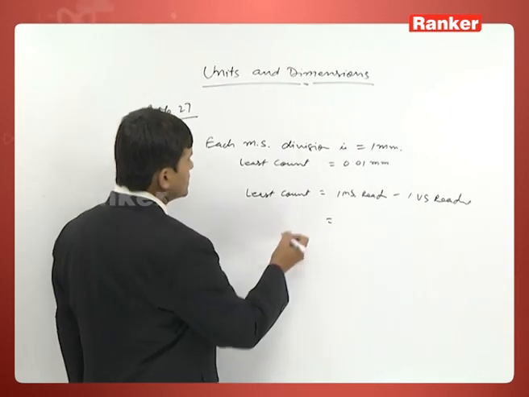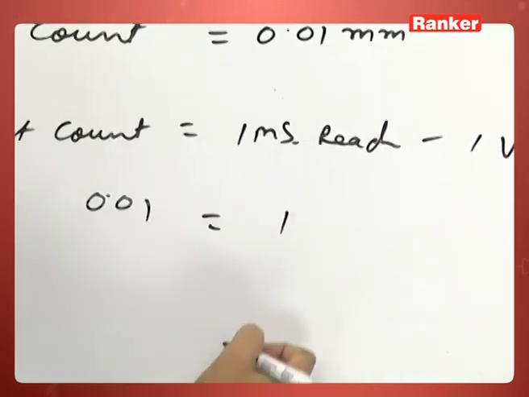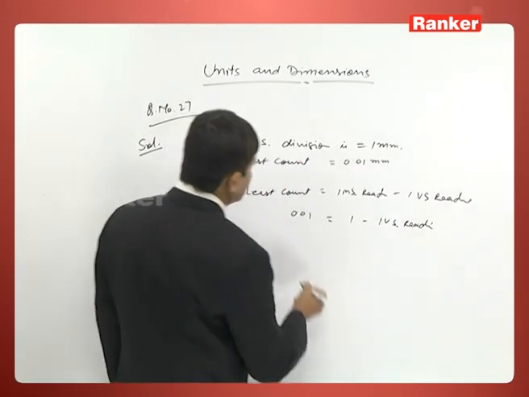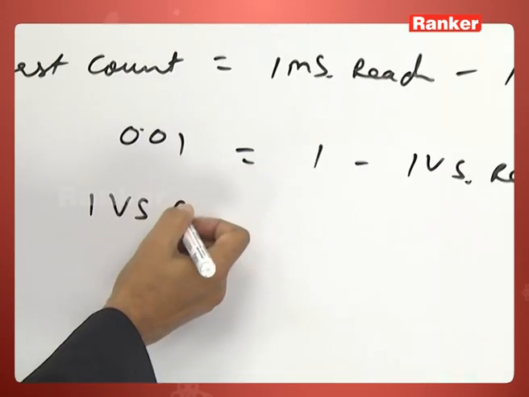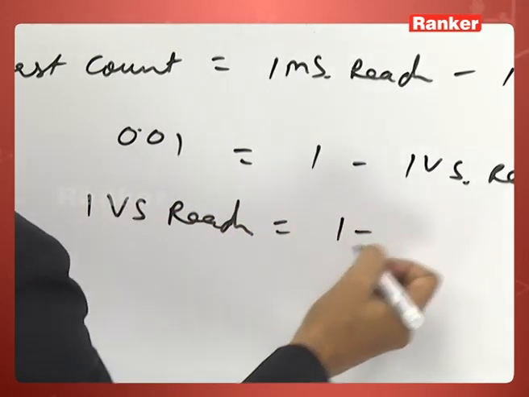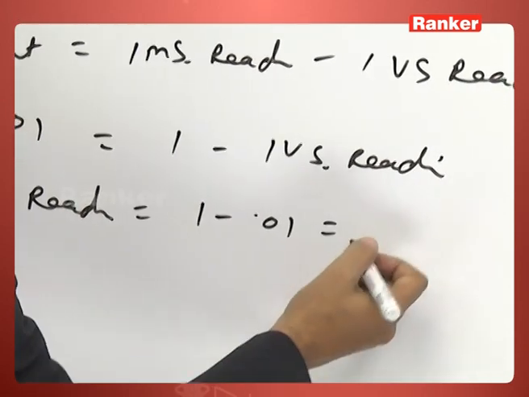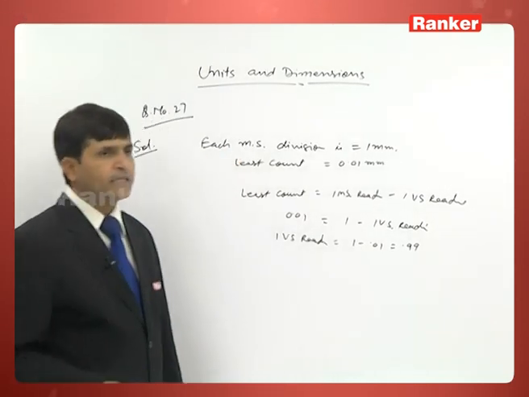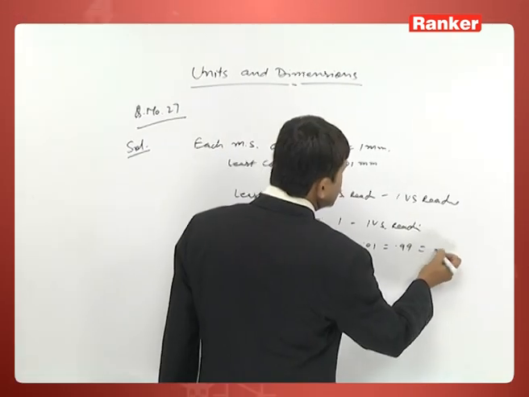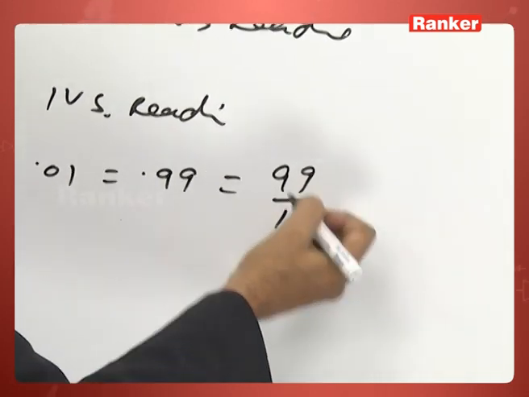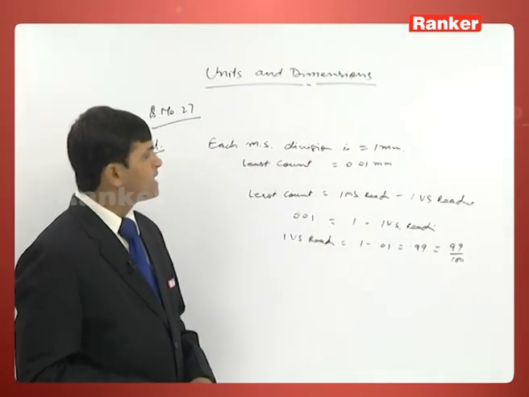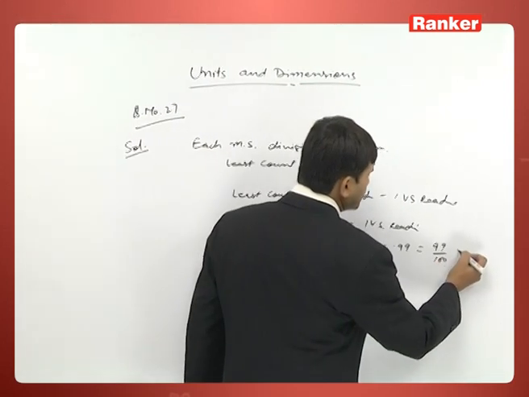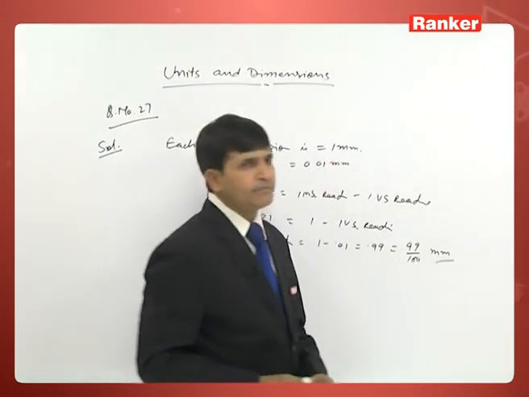So, that is 0.01 equals main scale reading 1 minus 1 vernier scale reading. So, 1 vernier scale reading is equal to 1 minus 0.01, which is equal to 0.99. So, 0.99 can be said as 99 by 100, and that will come in millimeter.